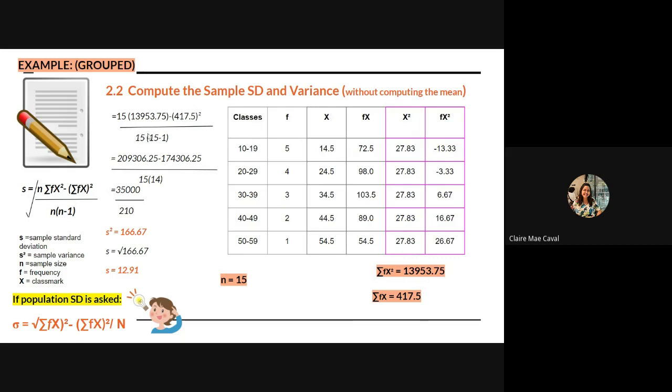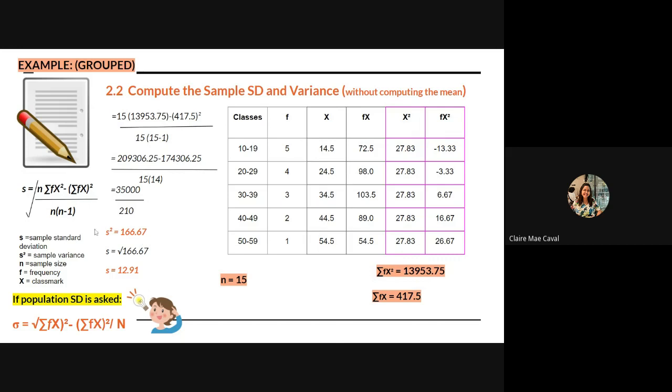The denominator will be 15 times 15 minus 1, because we are looking for the sample standard deviation. When you compute everything in the numerator, it will be 35,000 divided by 210. 210 because 15 times 14 is 210, since it is minus 1. So the correct answer, 35,000 divided by 210, is 166.67.